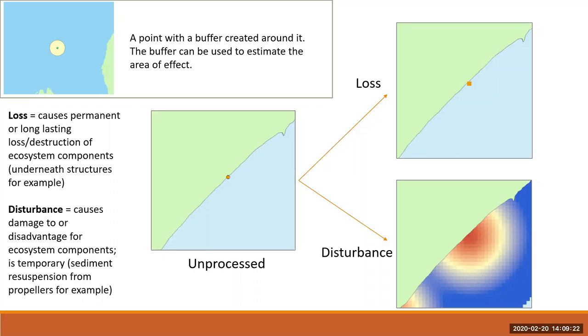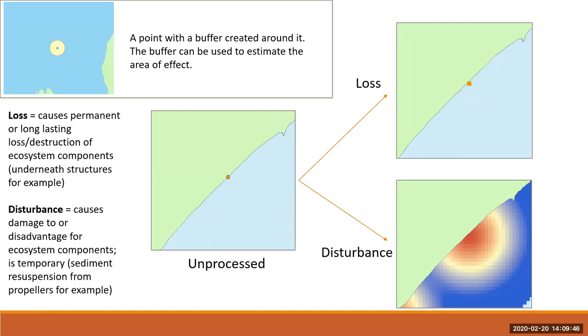So here we have a dredging site, and dredging causes both loss and disturbance. So in this case, loss is pretty simple. You just say that where they dredged, the area was lost and nothing around it.